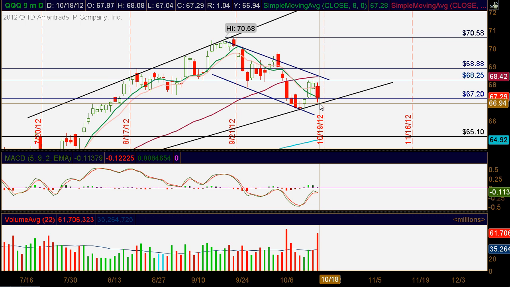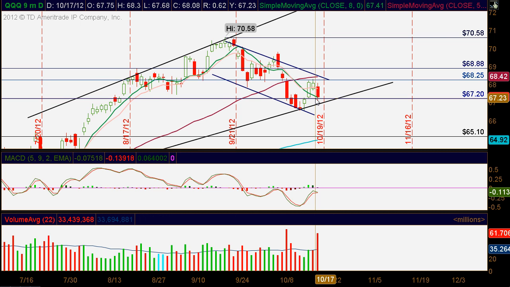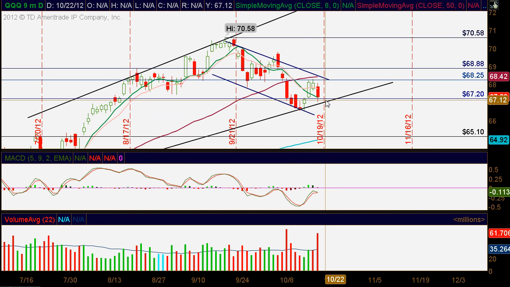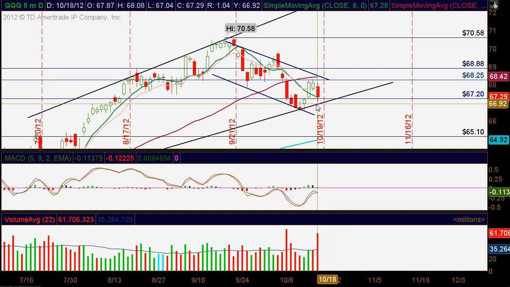The other very important thing is that we are at support at this moment. You see that black trend line coming up? This is a very significant area that I really want you to pay close attention to.